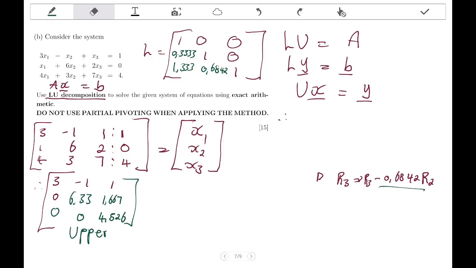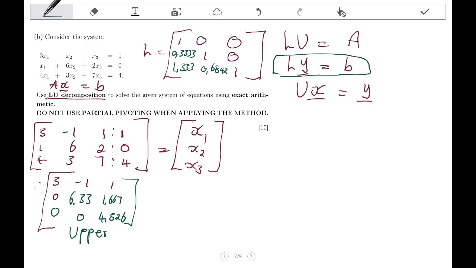So let's do this. We start with this equation here, because we have b, we have the lower matrix, we're left with y. And then from this equation, I will get this. The lower matrix, which is this one here, is going to be 1, 0, 0, and then 0.33, 1, 0, then 1.33, and then 0.68, and then 1.